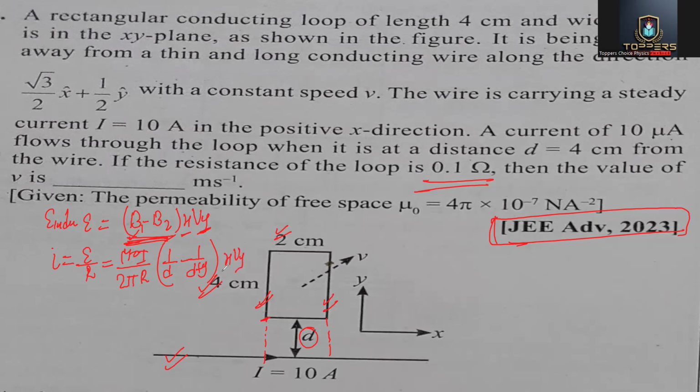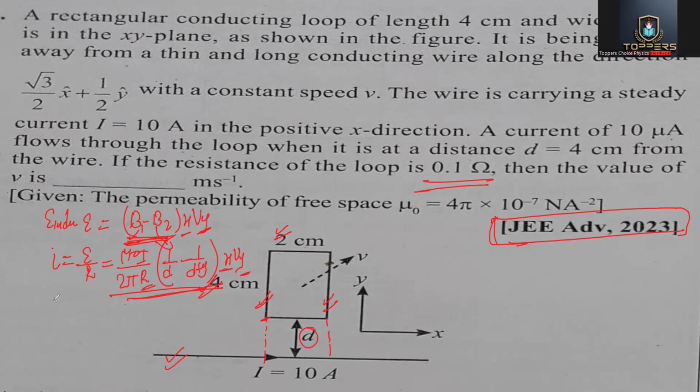X into Vy. This is the magnetic field, this is the L and this is the velocity. Whatever we have taken here, I'm talking about that one only. And you have divided by the R itself.